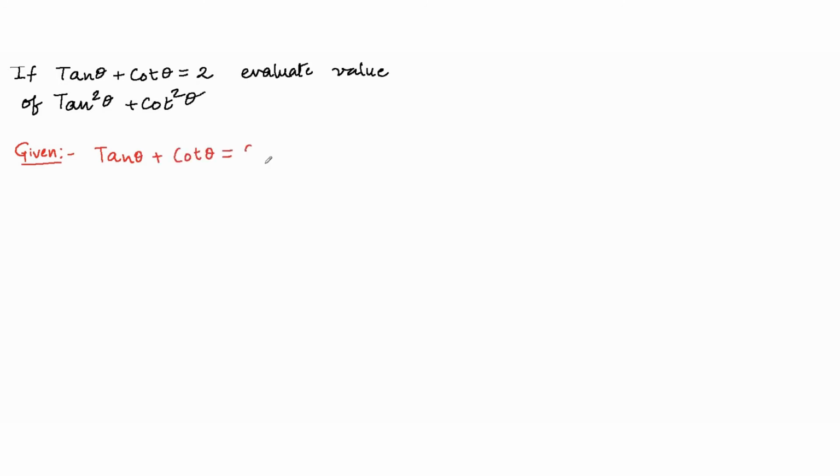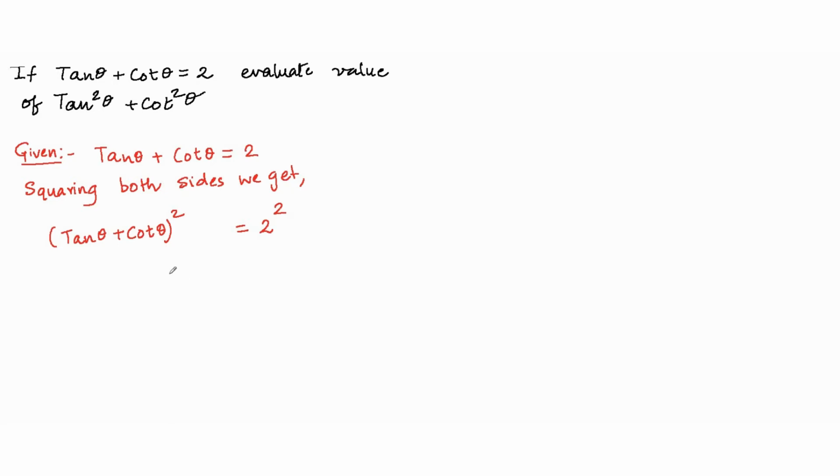Now suppose I want tan square plus cot square. What I think is squaring both sides should be of great help. So squaring both sides, we get tan theta plus cot theta the whole square is equal to 2 square.